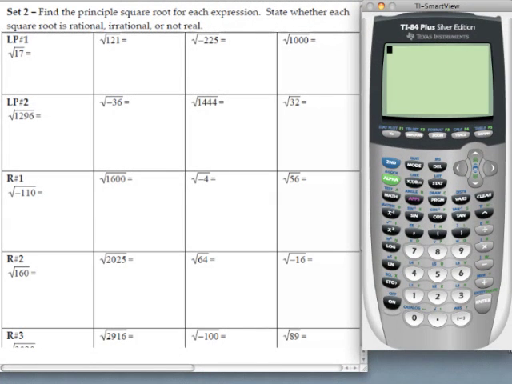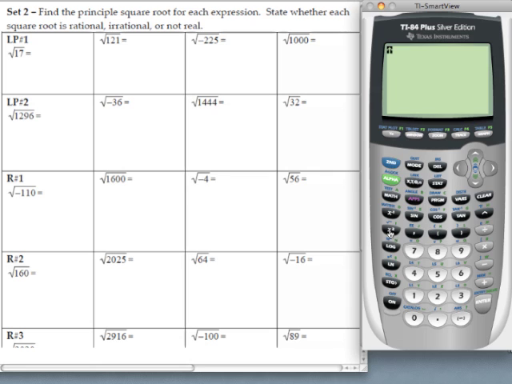In this video clip, we are going to cover lesson practice number 1 from set 2 in this section of the notes. And the instructions read, find the principal square root for each expression, state whether each square root is rational, irrational, or not real. So let's go ahead and enter these in just like we did in the set of notes before this. And we're going to enter in the square root of 17 in our calculator.